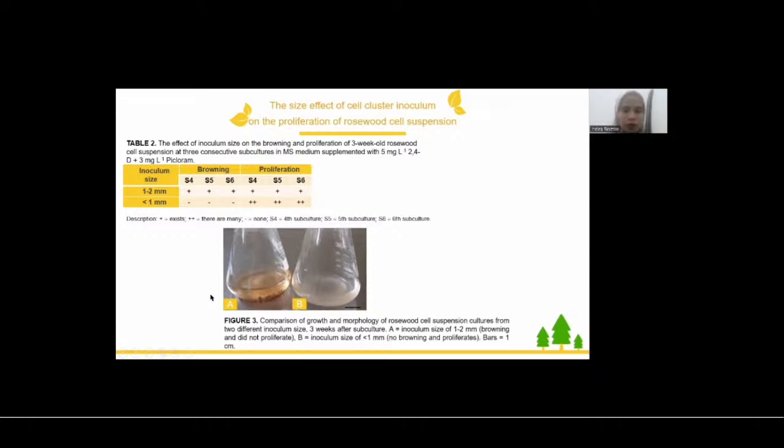We can see in figure 3A, this is the browning cell and not proliferating, with inoculum size 1 until 2 mm, and B, less than 1 mm, we can see no browning and the cells proliferate.